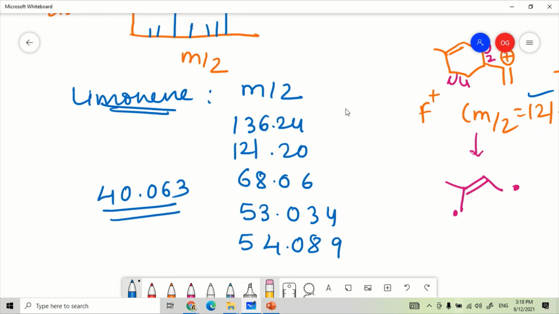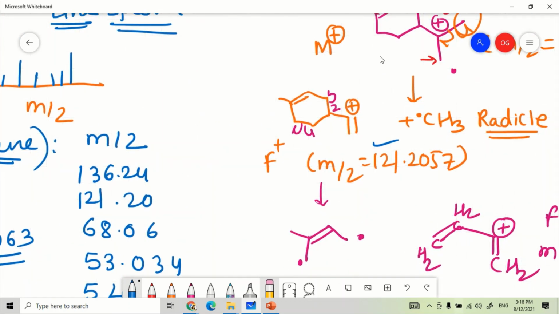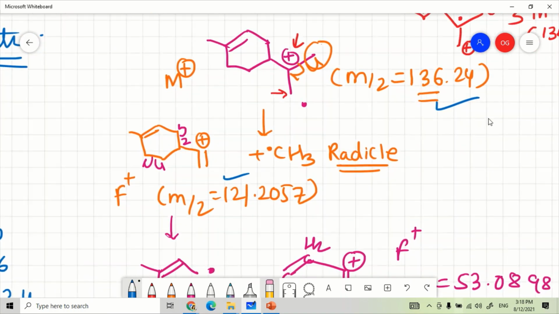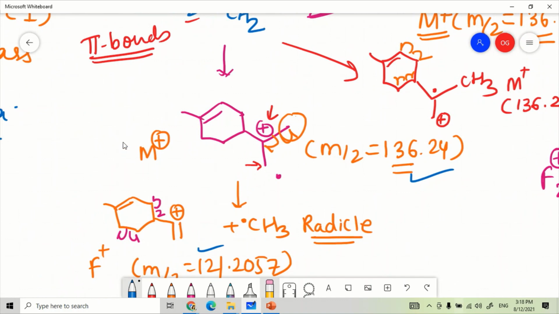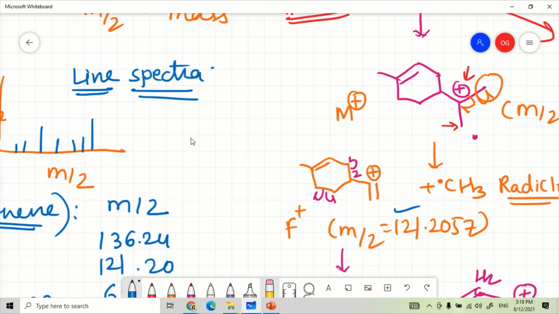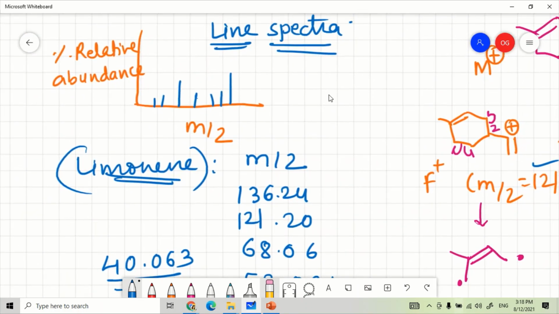So at all these m by z values the peak can appear in case of limonene. And if you note, all the ions have been formed by homolytic cleavage only. So that was all about the mass spectrum of limonene.